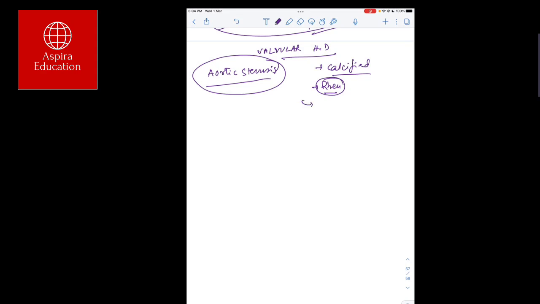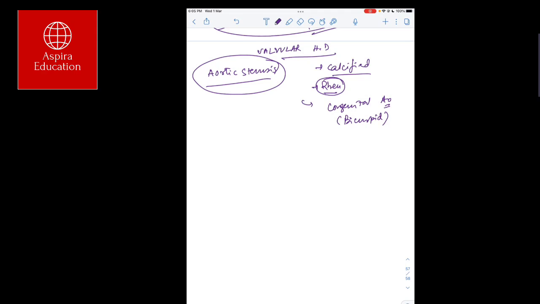Another very important area where aortic valve pathology can happen is congenital deformity of the aortic valve, of which bicuspid aortic valve is very common. In a young patient coming with an aortic valve disease or mixed aortic valve disease, bicuspid aortic valve can be one of the very important etiologies to remember.